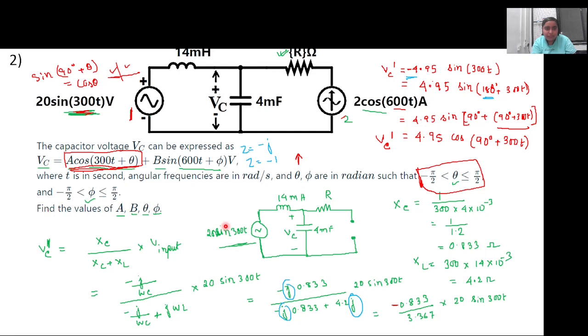For example, in the B part, B sine of 600t plus phi, instead of phi one might get 180 degree or maybe 360 degree, and sine of 360 plus something will itself be sine of that angle. So the range of phi will be varying, but in the question, since it is numerical, a particular range will be given as the correct answer. These conditions are given to ensure they match. Okay, so the theta or phi value found must also be in that condition.